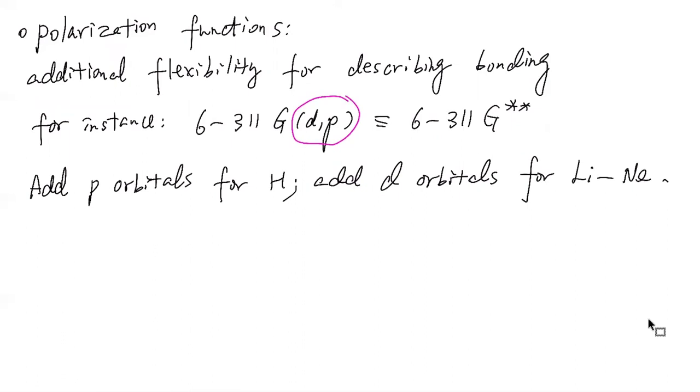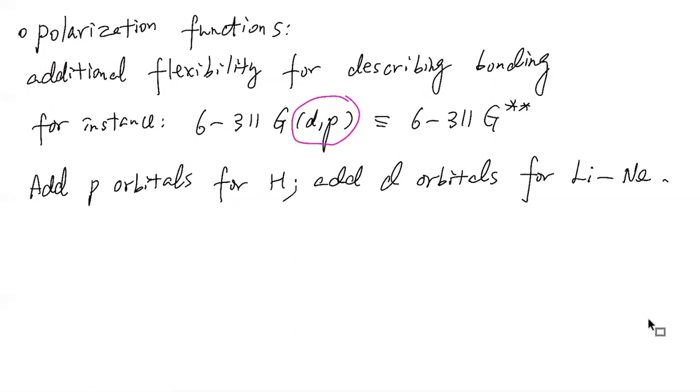For hydrogen, usually we only talk about the s electron, but you can add more flexibility by adding p orbitals on hydrogen. You add d orbitals on the first row atoms, lithium to neon. On the periodic table it's actually the second row, but people usually like to call it the first row.